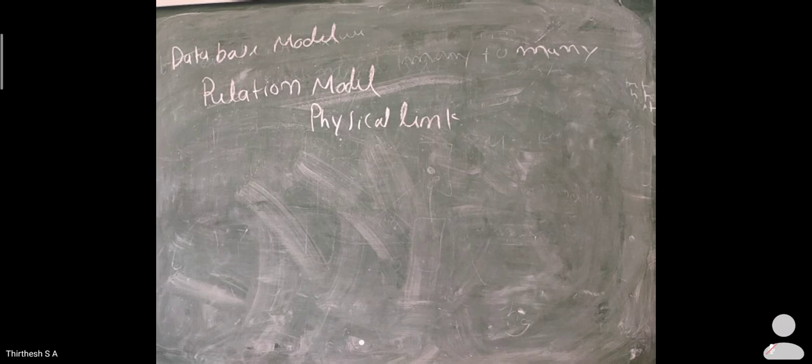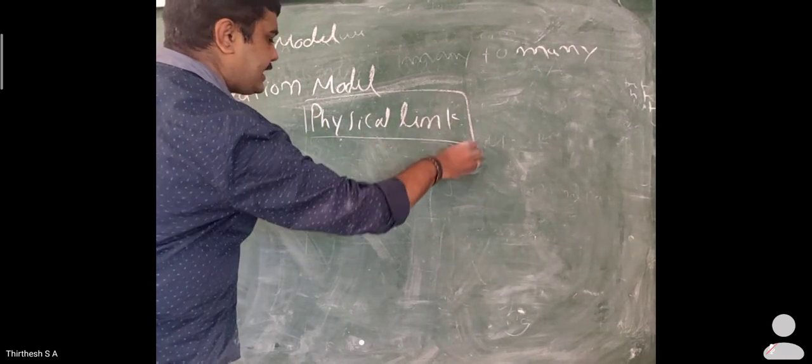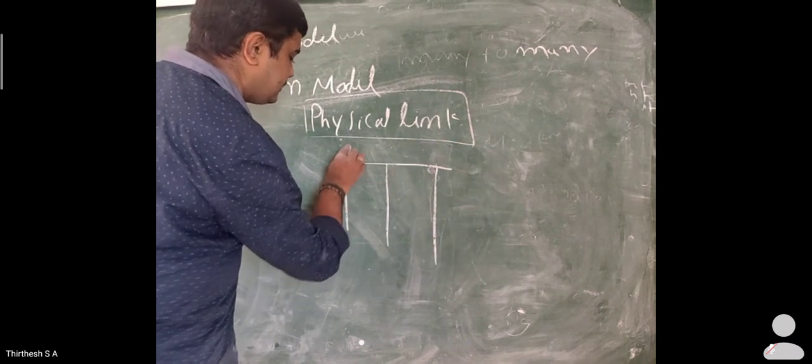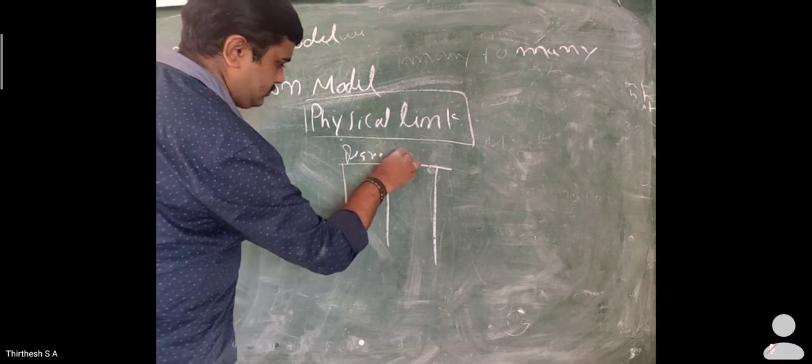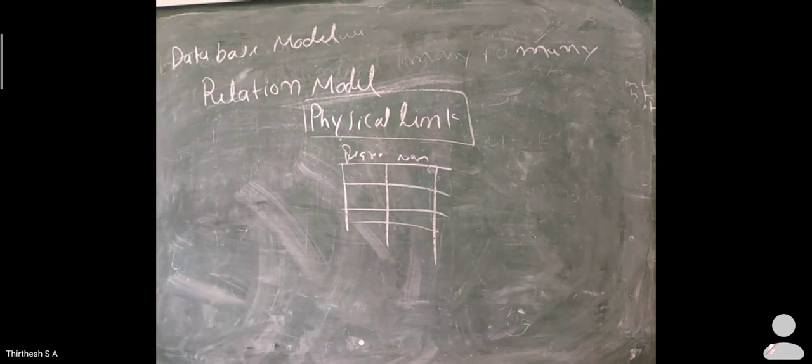All data are maintained in the form of tables, which consist of rows and columns, as your database itself is. So there is no physical link. Each and every data is represented in the form of rows and columns. This works entirely differently from a network model and a hierarchical model.